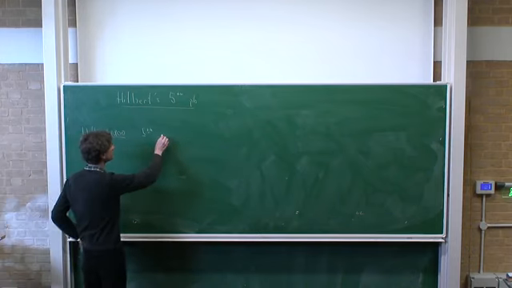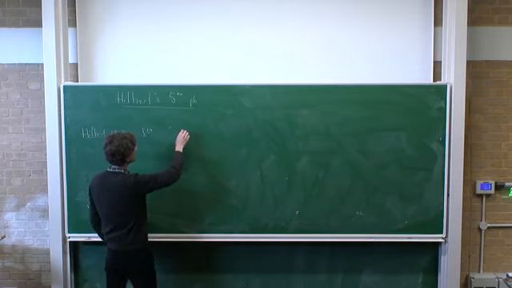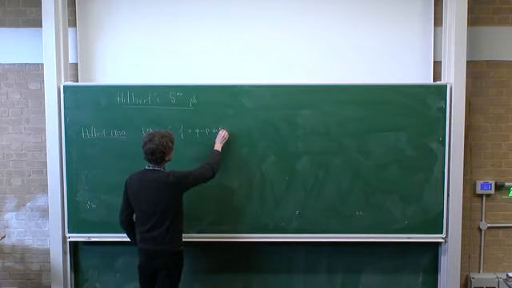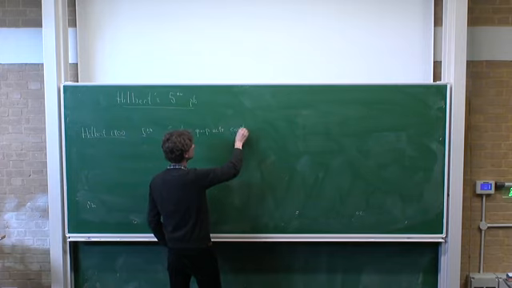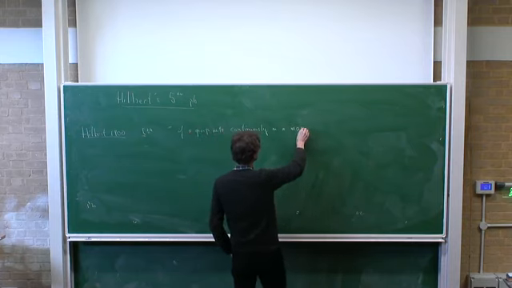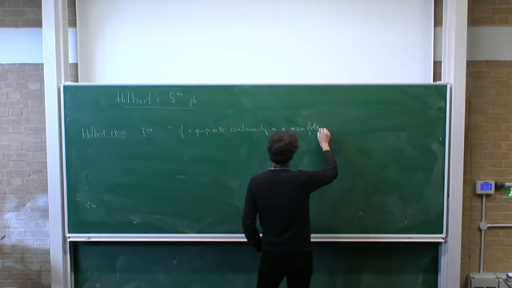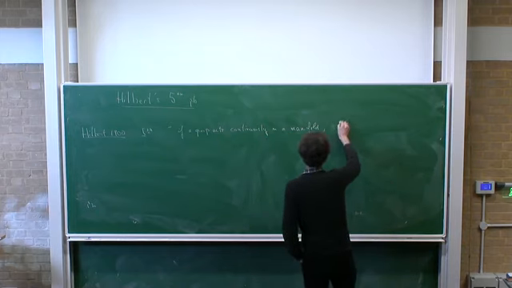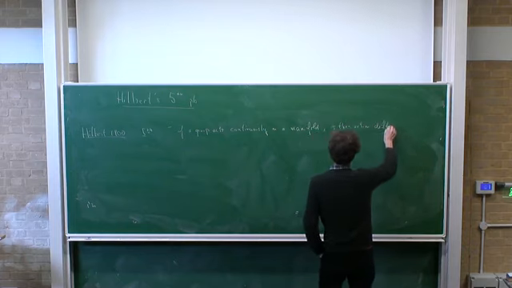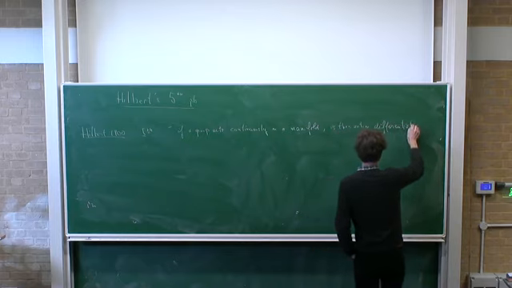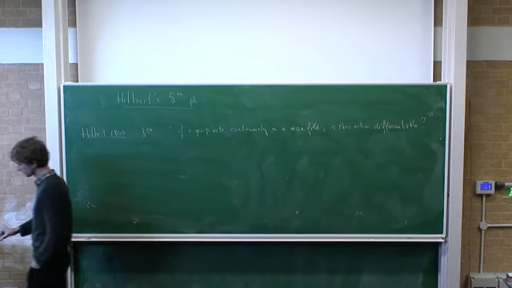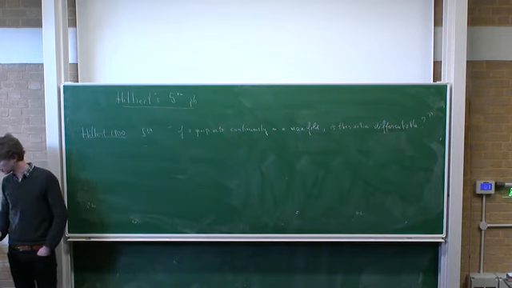But let's say in vague terms, he wants to say that if a group acts on a manifold continuously, is this action differentiable? So this is rough terms. Okay, so that's the rough problem.